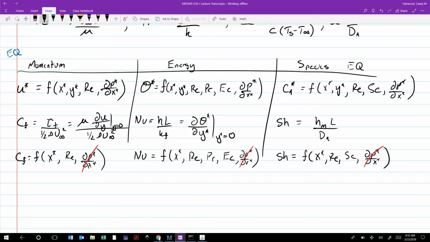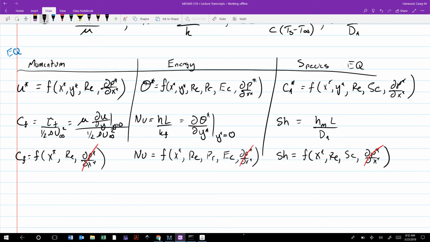We could define an average of this quantity over the entire surface area that we're considering, basically over all values of x. If we do that, we get what's known as the drag coefficient, which is basically the average of the friction coefficient, and is simply a function of Reynolds number.